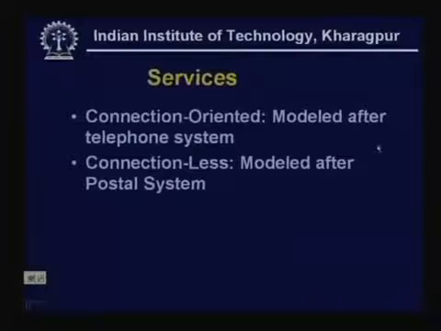Then from the letter box, the postman collects it, puts it in a bag, and sends it to the distant place. There another postman will open it, and by looking at the address, he will deliver it. So, it can be connection oriented or connectionless. Later on we shall have examples of the connection oriented and connectionless services used in different applications.